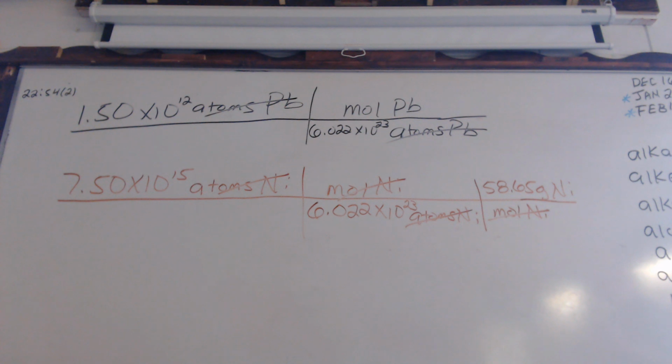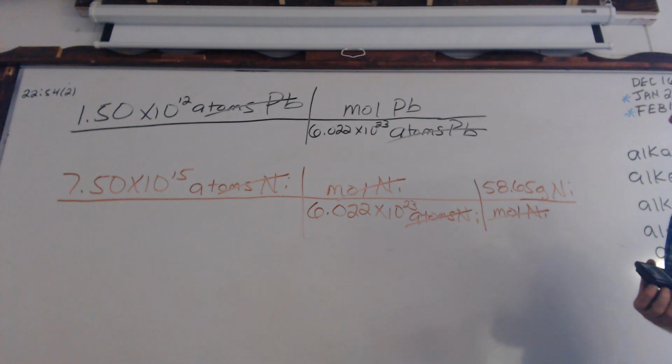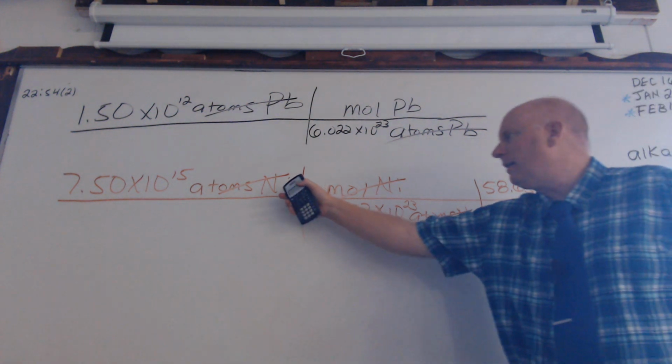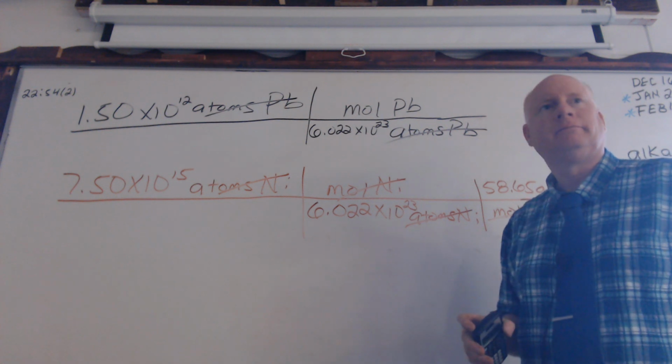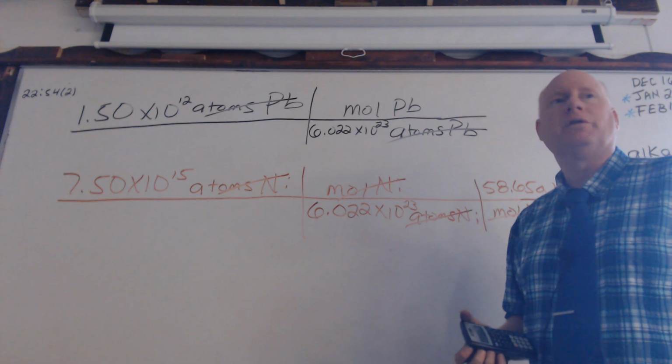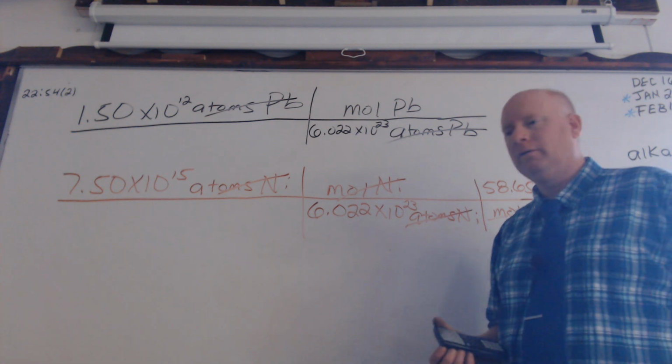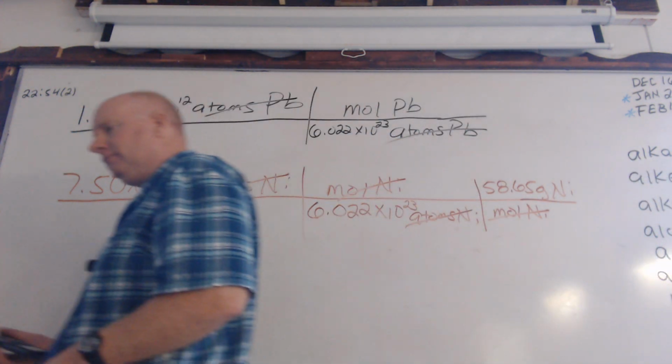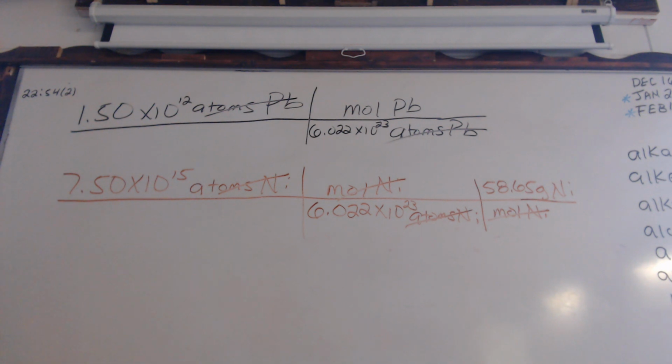You always multiply in this first and then divide. I got the same answer when I did division and multiplying, and then I did the multiplying and then division. I tried it both different ways. I got 7.32 times 10 to the 30.